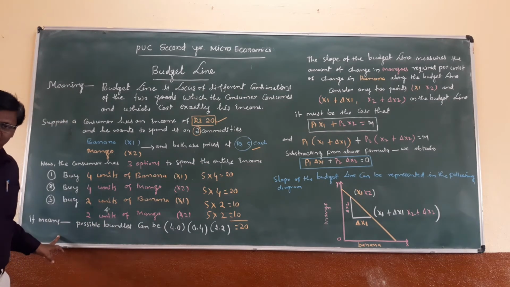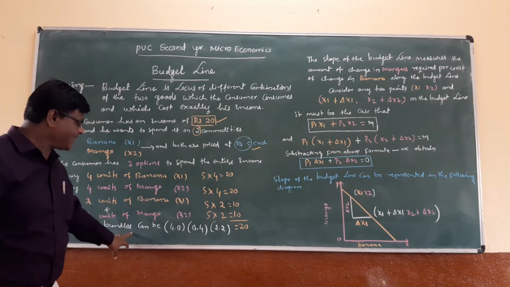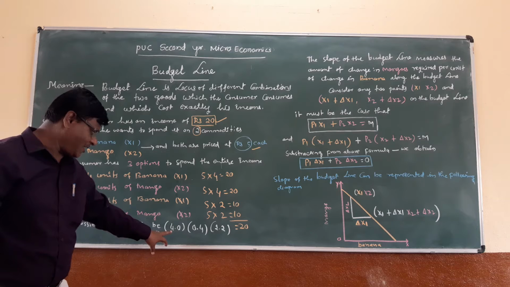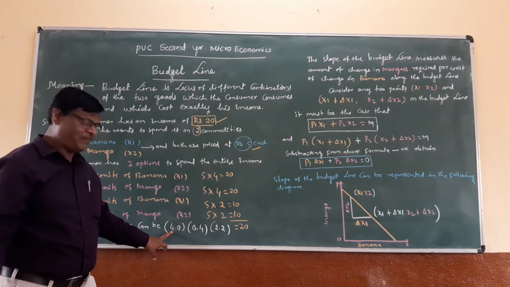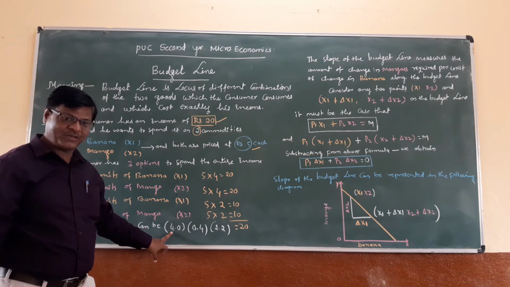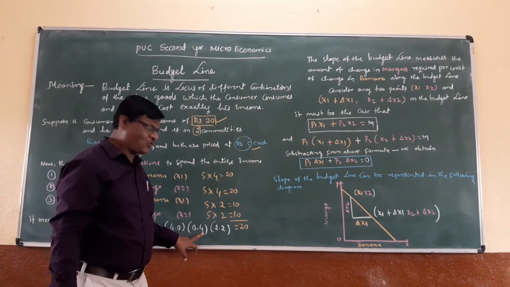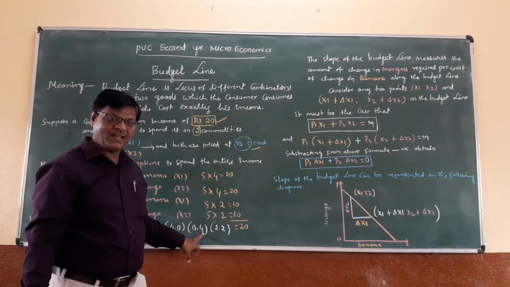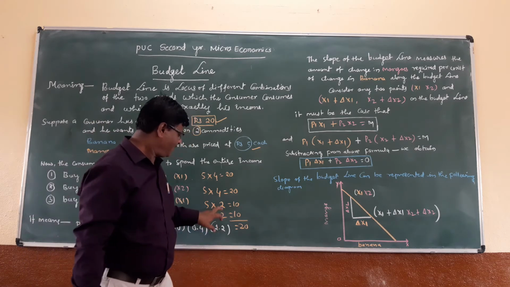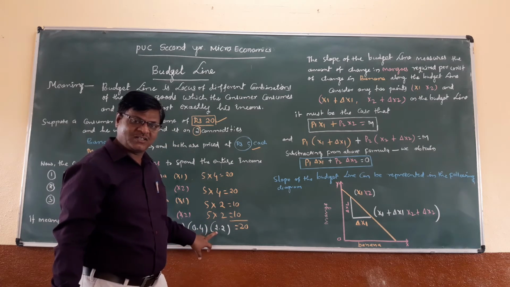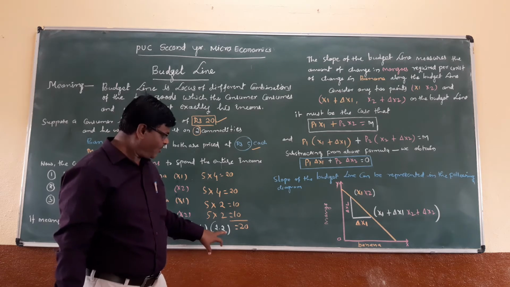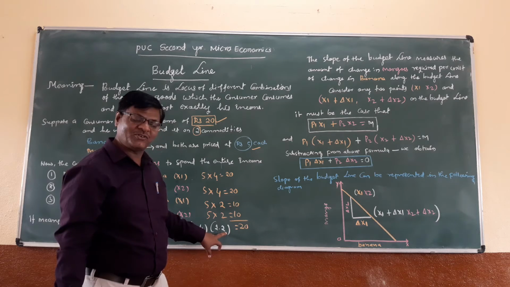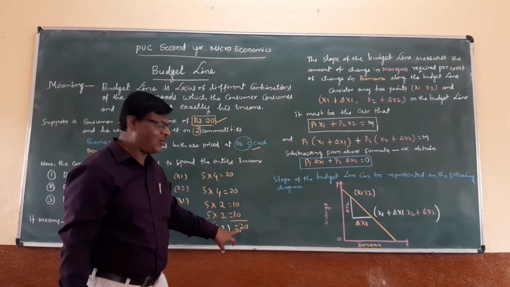It means that the possible bundles can be: X1 equals 4, X2 equals 0, 5 into 4 is equal to 20; or X1 equals 0, X2 equals 4, 5 into 4 is equal to 20; or X1 equals 2, X2 equals 2, 5 into 2 is equal to 10, 10 plus 10 is equal to 20.